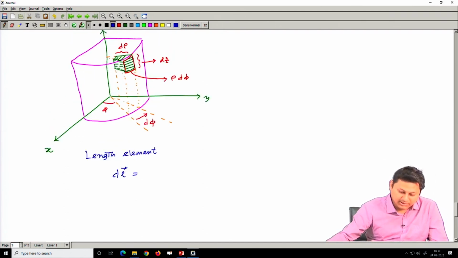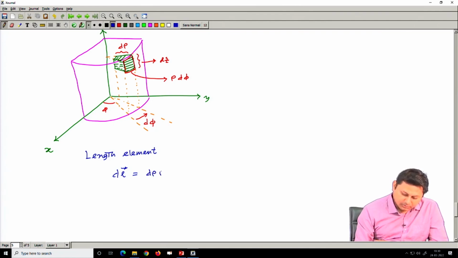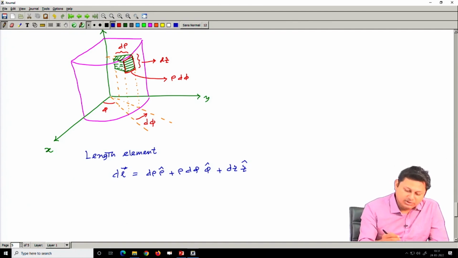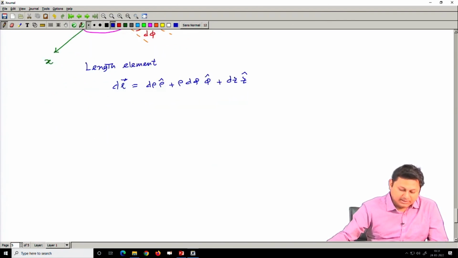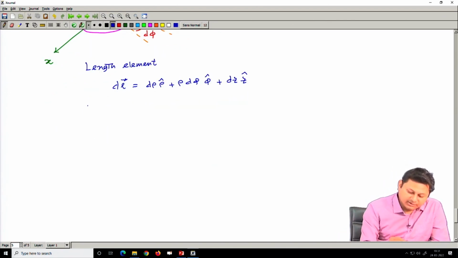So d rho along the rho unit direction, plus rho d phi along the phi unit vector, plus dz along the z unit vector. So this is simply the length element. In order to find it, you need to find first the volume, and then the different side lengths of this volume will give you this value. Okay. After having the length element, we need to find out the surface element.